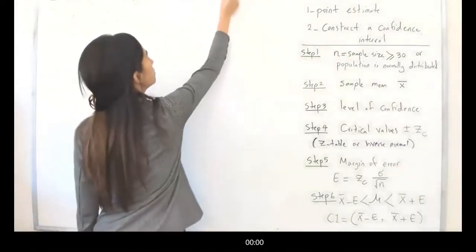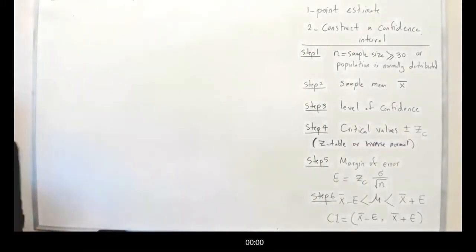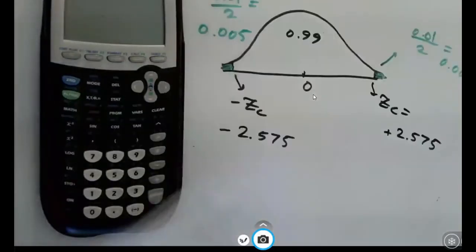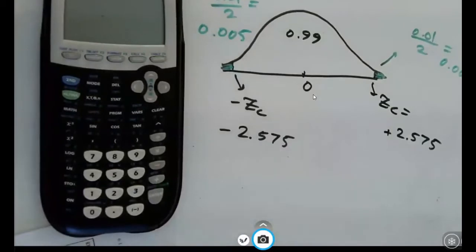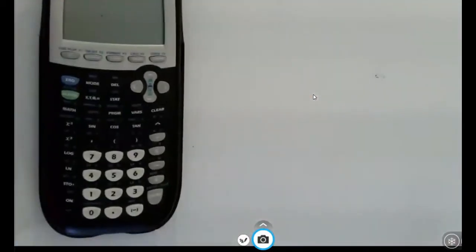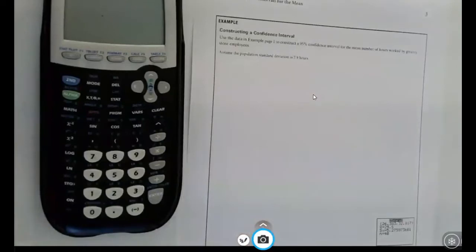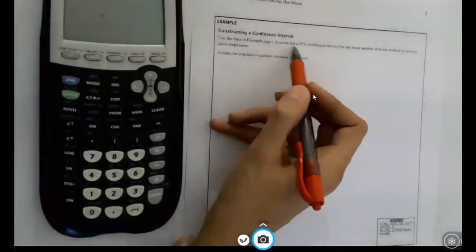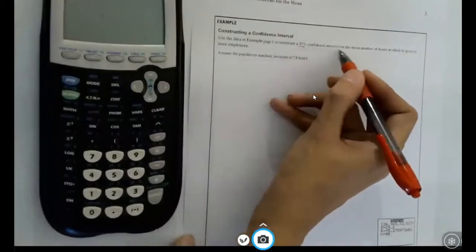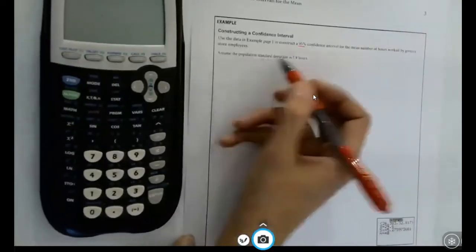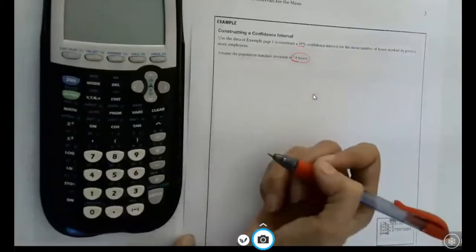Page 3 says, use the data in the example on page 1 to construct a 95% confidence interval for the mean number of hours worked by grocery store employees, and assume that the population standard deviation is 7.9.